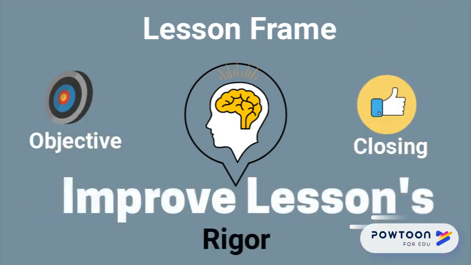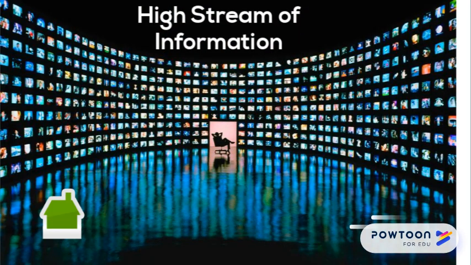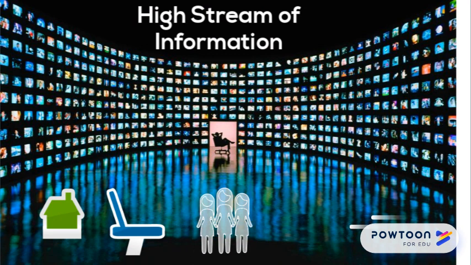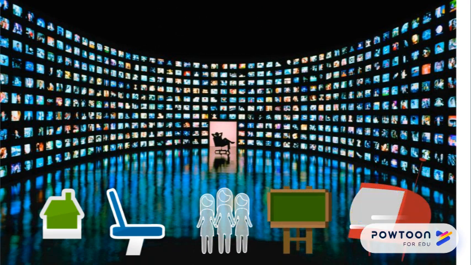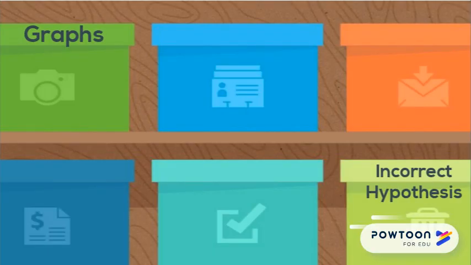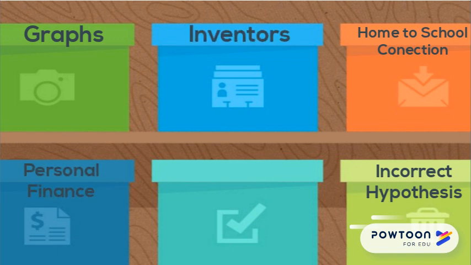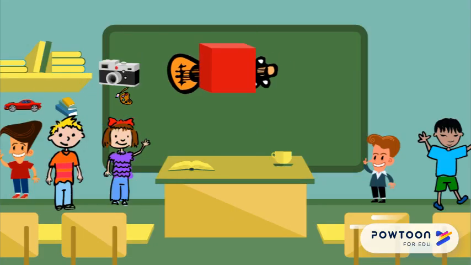The reason why framing the lesson works is because the students are bombarded with a high stream of information coming from school, home, the internet, their peers, and the environment. They must be able to rapidly sort, categorize, evaluate, prioritize, discard, and make decisions based on information relevance. In a classroom setting, the effectiveness of individual student mental filters can vary widely.